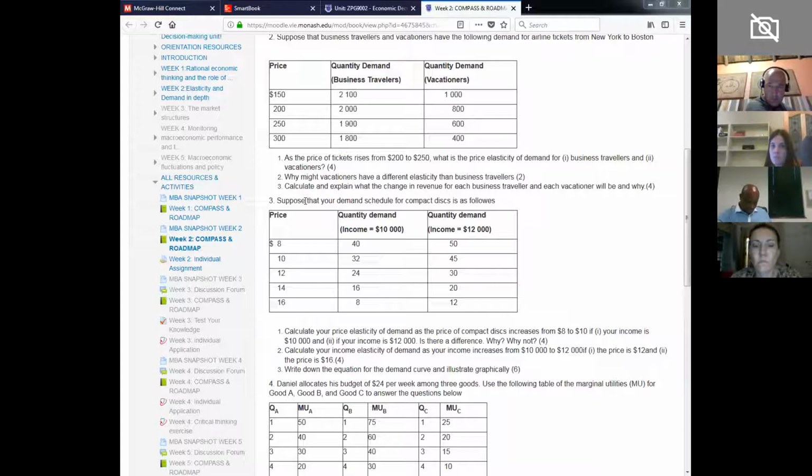And you take the 800 and times it by 200, and you get the revenue for vacationers. Then you take the 1,900 and multiply it by 2,500, and you get the change in the revenue for business travelers. You take the 600, multiply it by the 250, and you get the change in revenue for the vacationers. And then you compare them with each other.